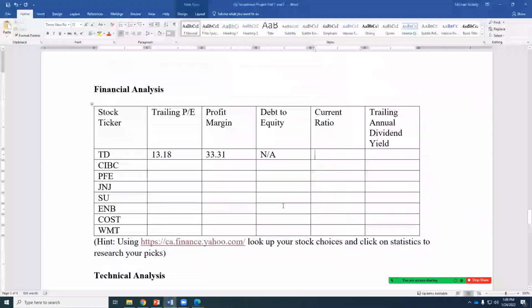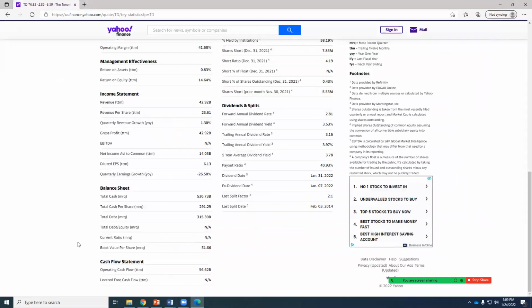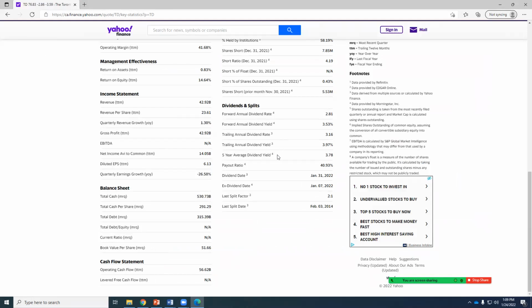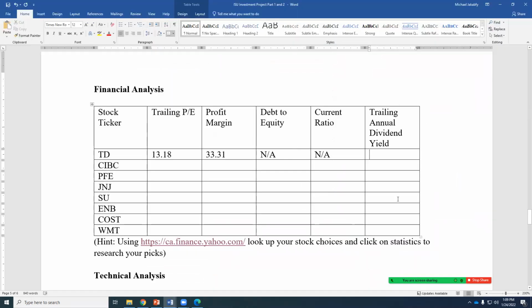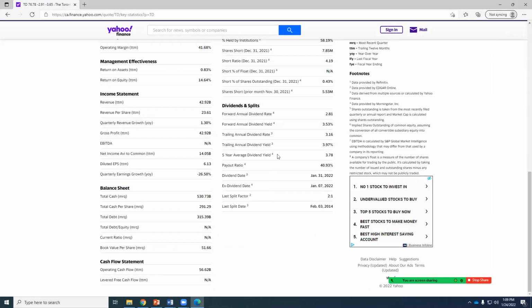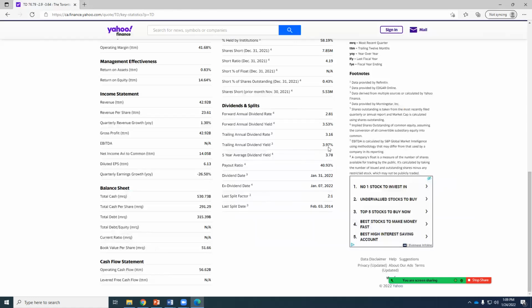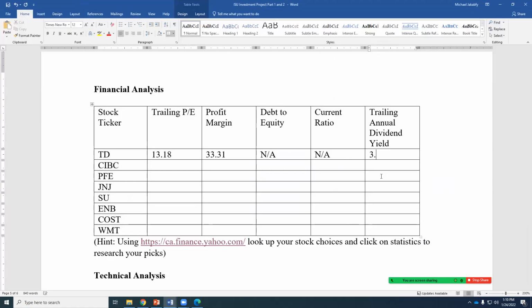Current ratio is not available either. Annual, trailing annual dividend yield. So I would put for trailing yield, I'd use this figure here, 3.97%.